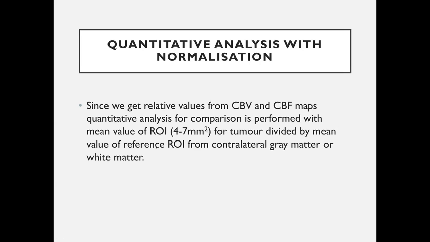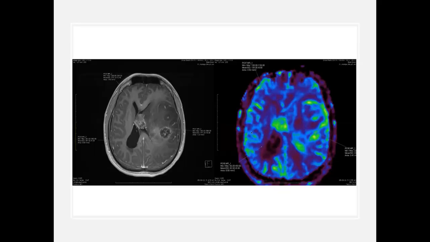I take an area of interest in the tumor and divide it by the contralateral gray matter or white matter so that I get a ratio. That ratio is like 1, 1.5, 2, 3. That is good enough for me. I don't want other values. That ratio takes care of all the confounding factors which we have already mentioned.